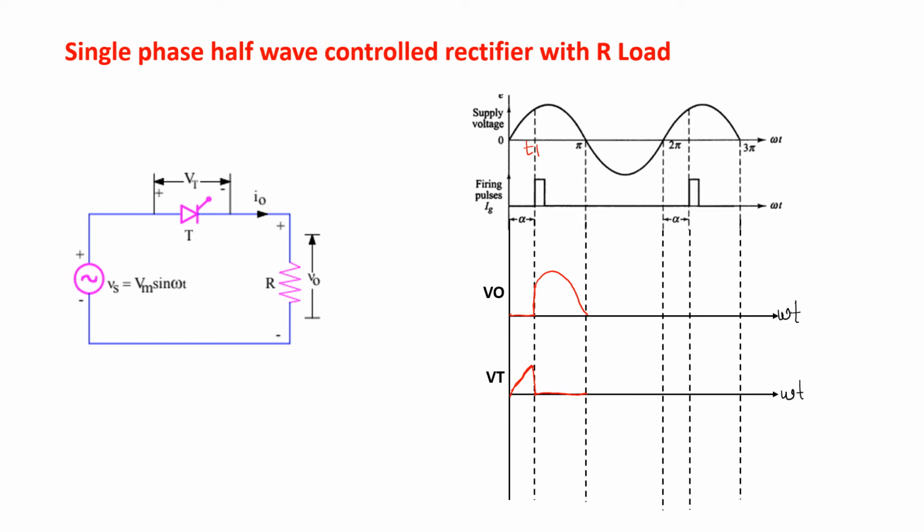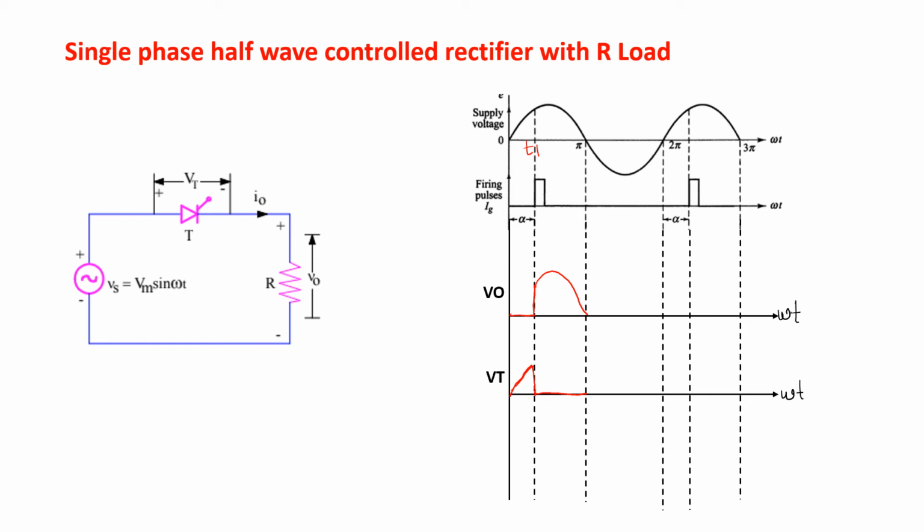As the input voltage changes, the output voltage also changes and the current through the SCR also changes. Here the voltage is decreasing, so the current through the SCR also decreases.